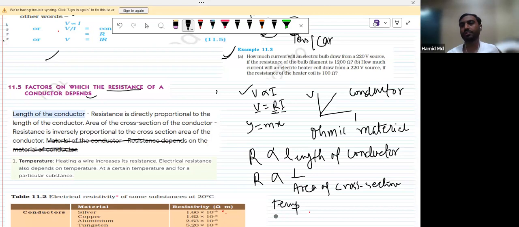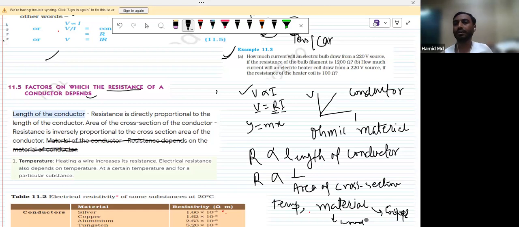How the resistance changes with temperature, I will tell you in a moment. And the material. If we use wood, then it will be a different case. If we use copper wire, then the resistance will be different. In both cases, the resistance will vary for the same amount of current.